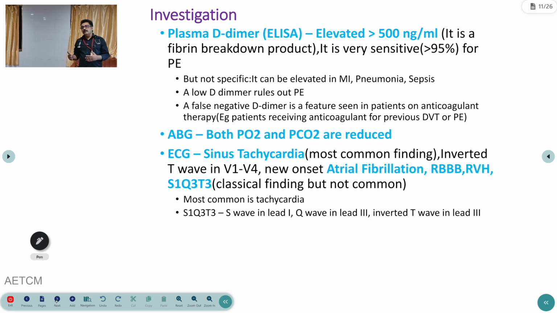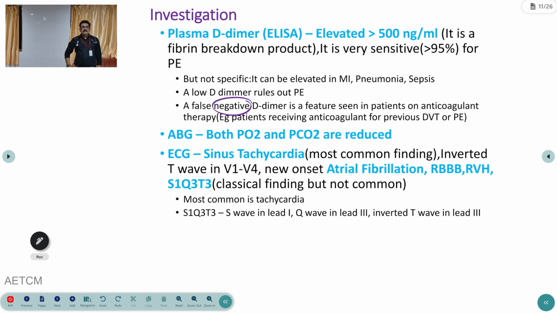But in a suspected case of pulmonary embolism, because the patient is having breathlessness, some pleuritic chest pain, you are doing D-dimer, and if it is normal, then you can rule out pulmonary embolism. So, it has got a negative predictive value, that is very important. Negative predictive value for pulmonary embolism is very, very important. If the patient is on anticoagulant also, D-dimer may not be positive, that you should remember.